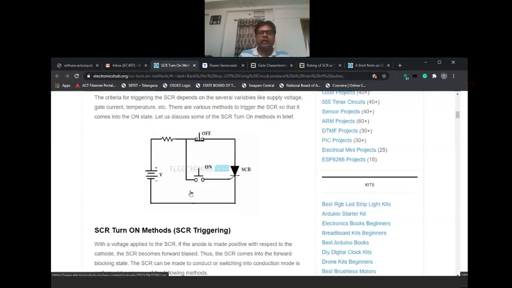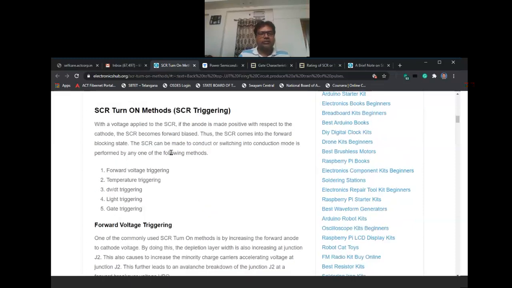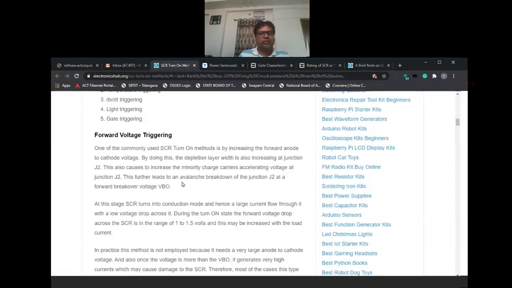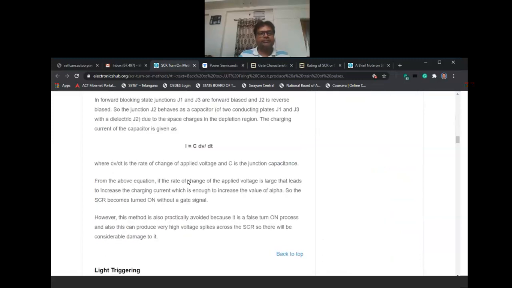There will not be any need to keep the switch closed, so it will automatically open. That is why a normally open switch is used for this. And these methods are discussed over here: forward voltage triggering, temperature triggering, dV by dt triggering.